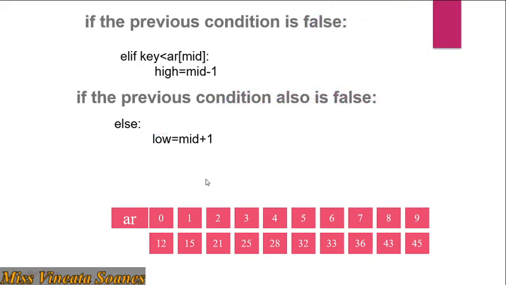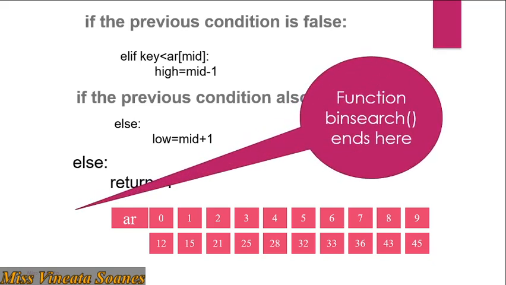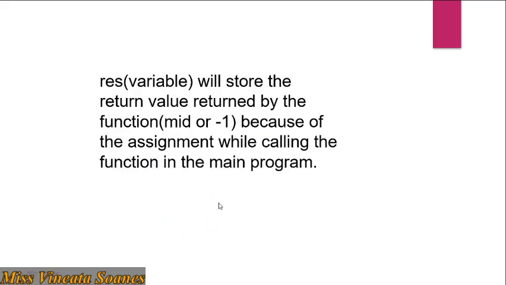So we keep an else part where we return minus 1 if the number does not match, and we don't happen to return mid, right? So the function will either return mid or return minus 1. If the number is there, it returns mid. If the number is not there, it returns minus 1.